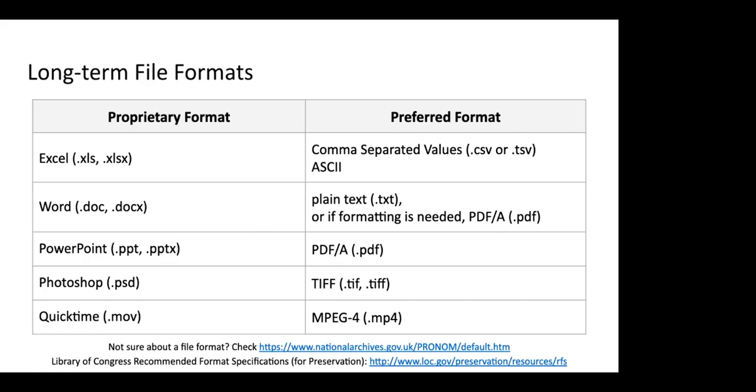And the table on the slide shows examples of preferred open formats for data. So when you are preparing to publish or share your data, you should transform files to these preferred formats to allow for the most amount of access.